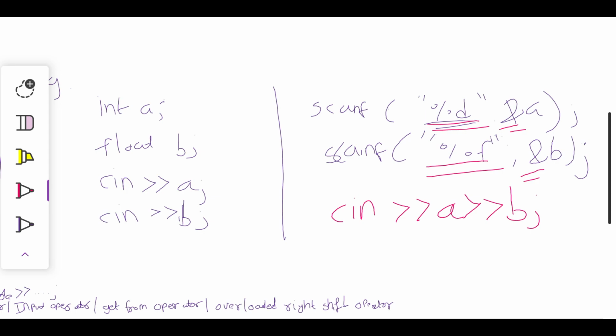In this way you can also read the values of a and b using this single cin. Then what is this known as? This concept is known as cascading. Means what is the definition of cascading?